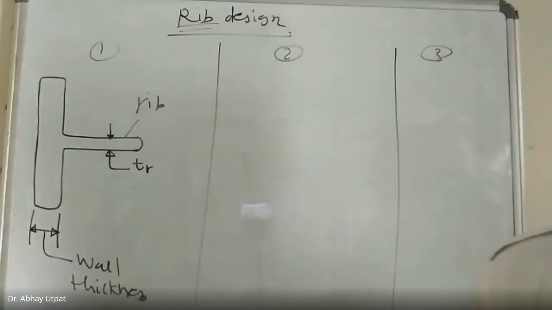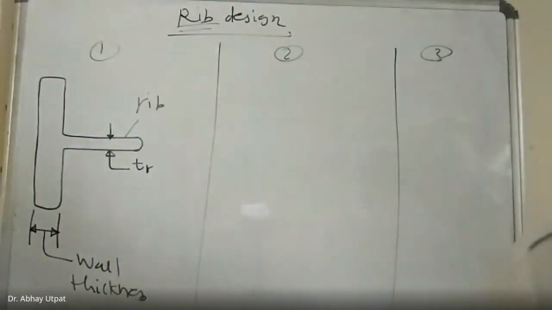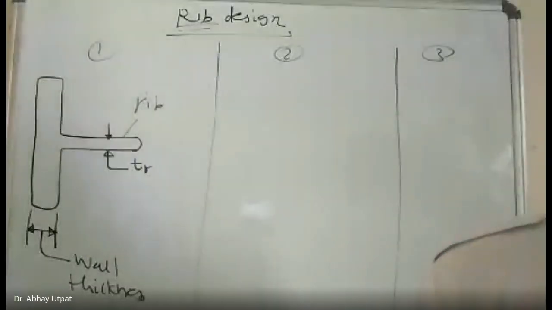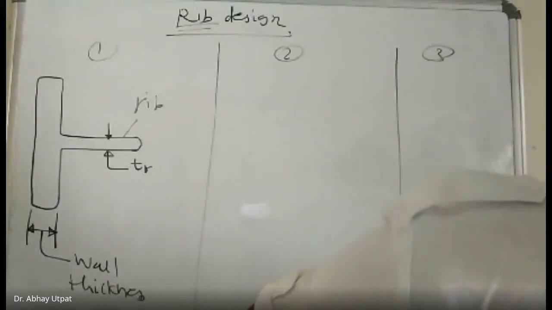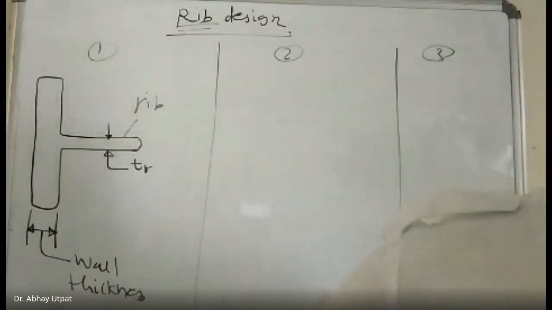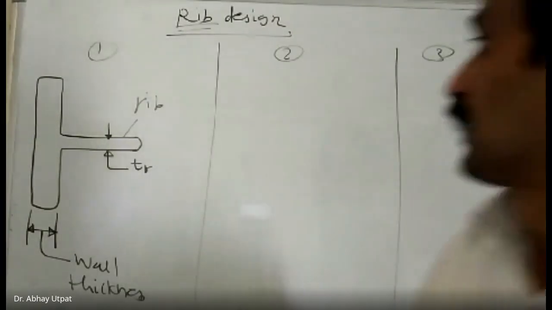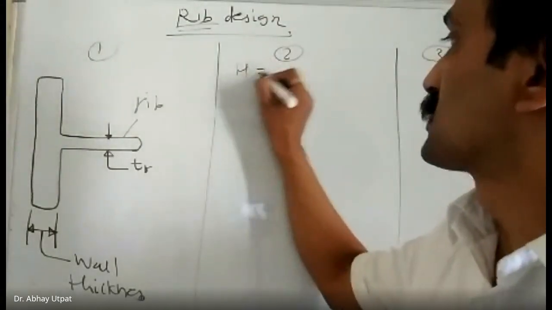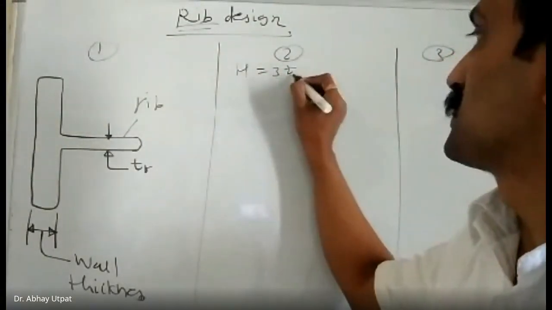Second guideline, write down. The height of rib should be 3T. H is equal to 3T. T means wall thickness.